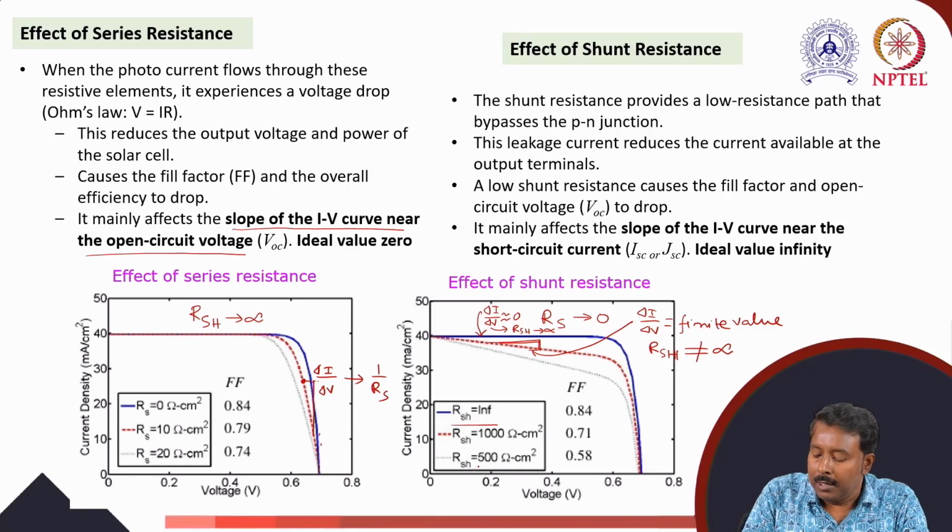Similarly, for a further lower value of RSH, say 500, the slope changes further near the ISC. So it mainly affects the slope of the IV curve near the short circuit current ISC or JSC. Since the plot here is in current density, the same effect will be observed in the case of a current plot instead of a current density plot.